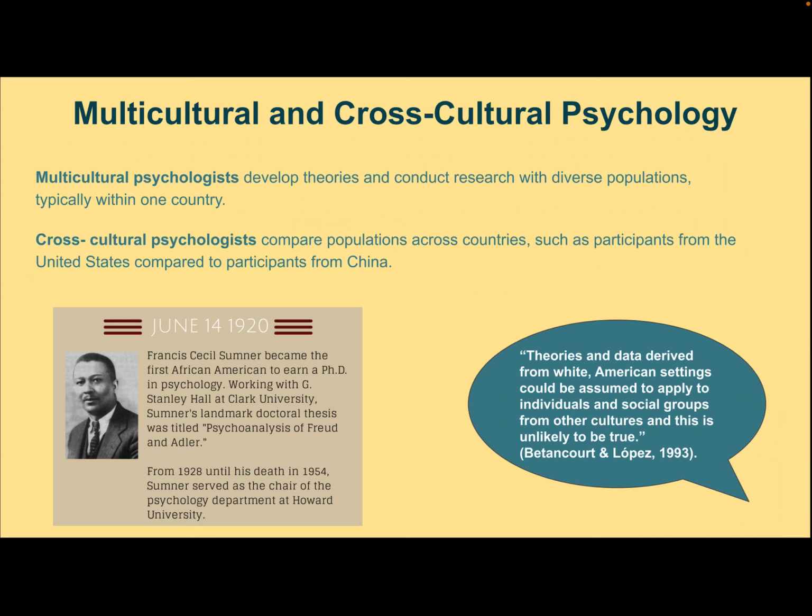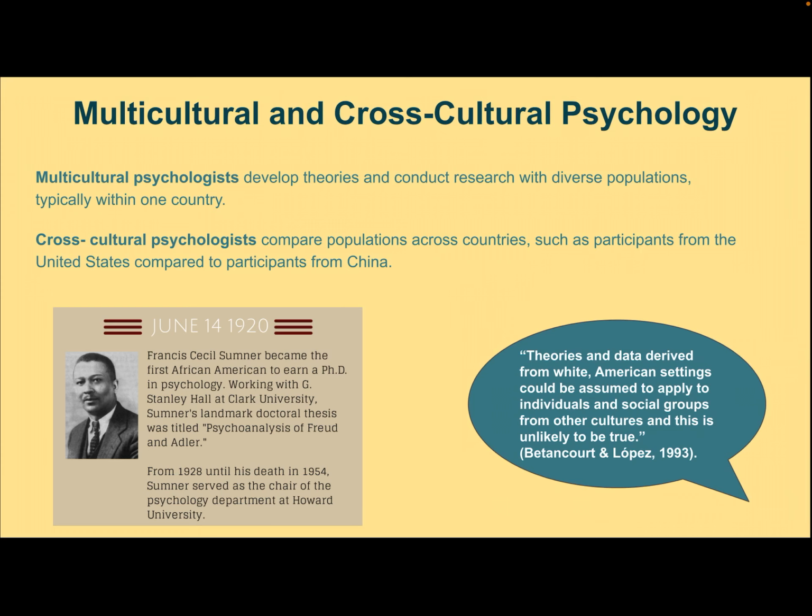Going back up to our definitions, it's important to know the difference between multicultural and cross-cultural psychology. So multicultural psychology is based on one country with different cultures in it. For example, if I'm working in the United States, I might study Asian Americans and European Americans and compare those two populations.